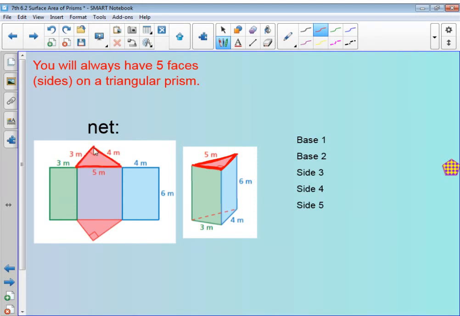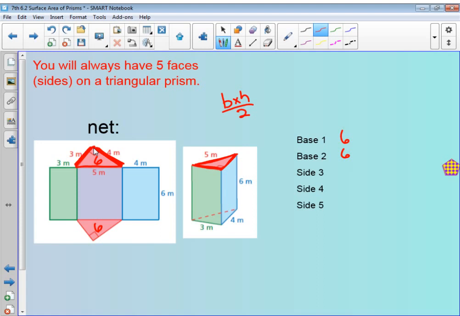I need to use this side here and this side here because they make up the right angle. Remember, a triangle is base times height, and we're gonna divide that by 2. So 3 times 4 is going to give me 12, divided by 2 is going to give me 6 for each of those. So my area for each of my bases is 6.